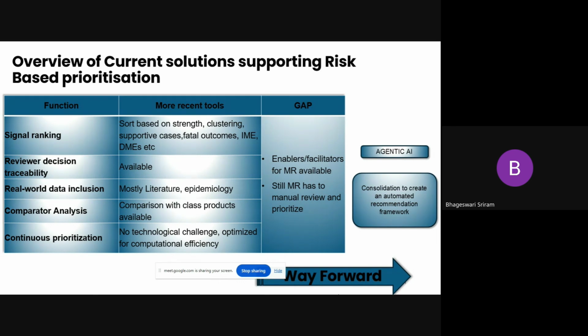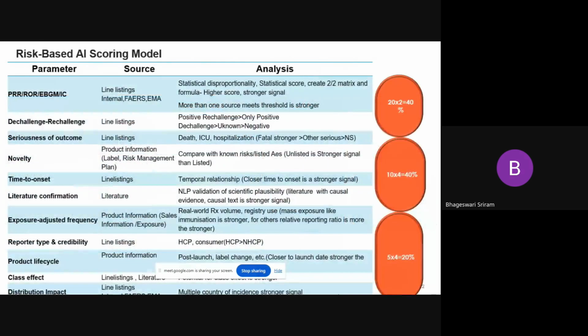So this could be a way forward. And agentic AI definitely comes in. Like Dr. Shiva mentioned, the models are now highly evolved and robust, and the challenge is more from a change management perspective. So agentic AI could definitely help us further in this area.